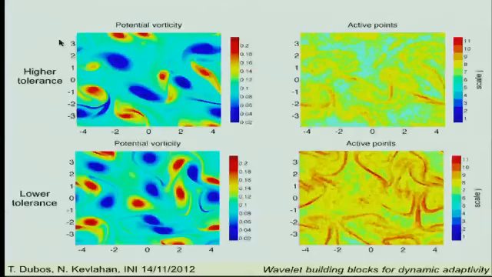So that means you need a relatively large number of degrees of freedom to achieve this tolerance. But that was 0.15, and that's what you get for twice as large a tolerance. So obviously it's a bit more noisy, but you still capture the qualitative dynamics in that case. And of course you refine less.